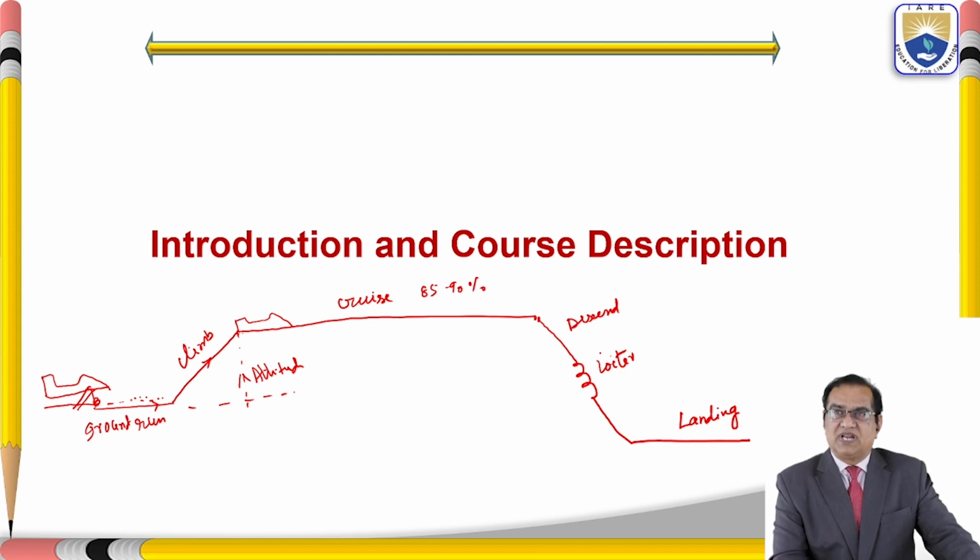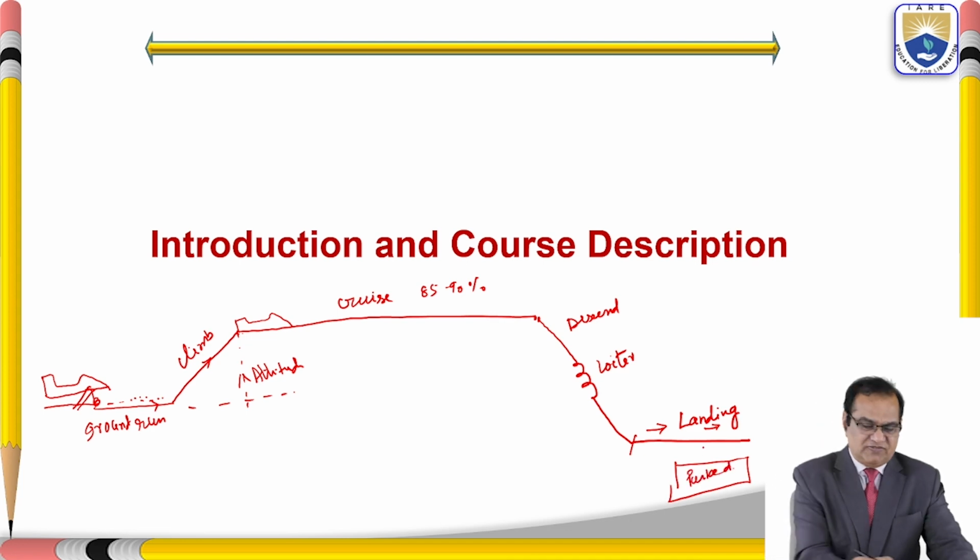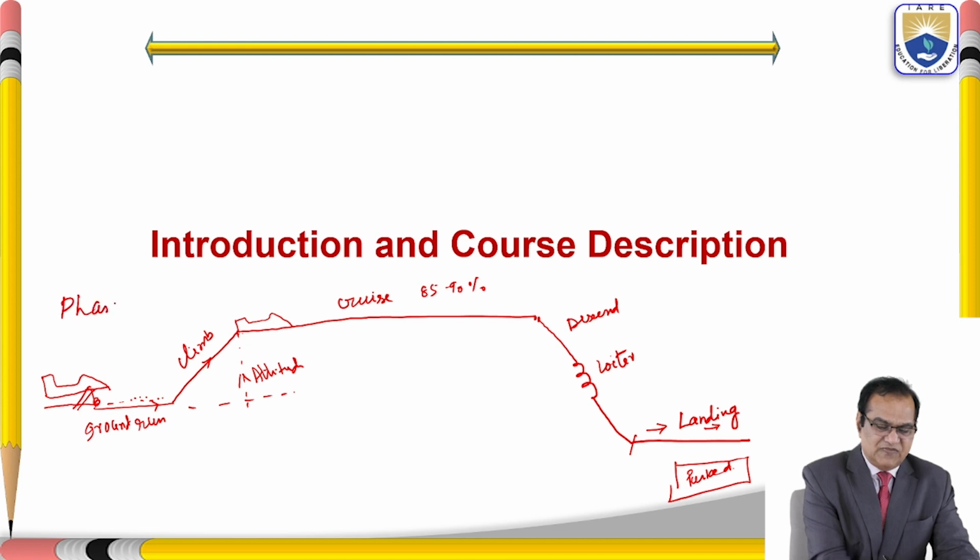It is the number of turns the aircraft performs at a given area or zone. And after the clearance from ATC, from here onwards the aircraft will start landing, and then here it will be parked. So these are some phases of the flight. This is called the phases of flight.